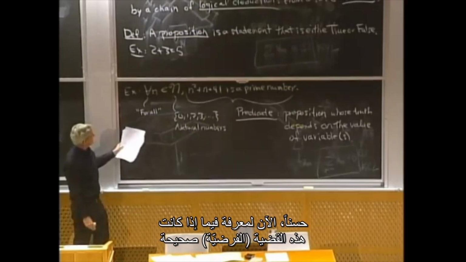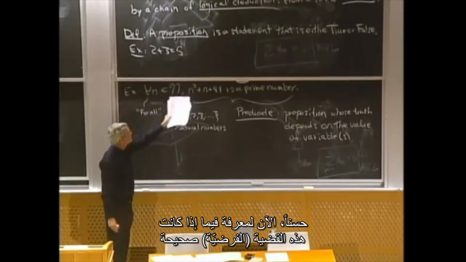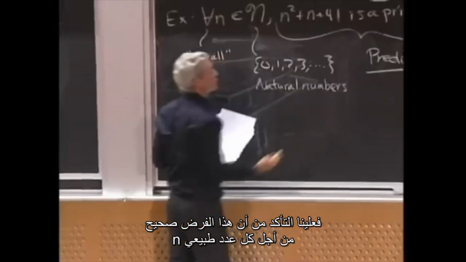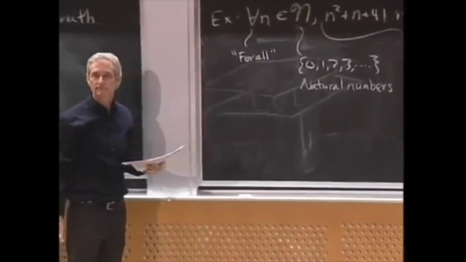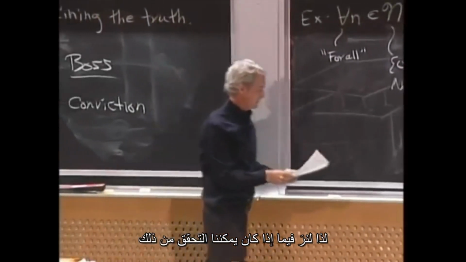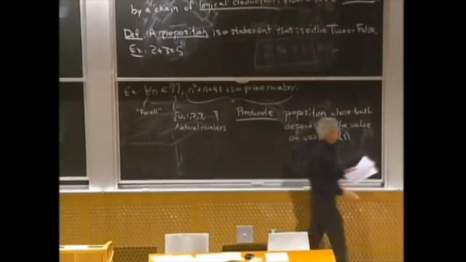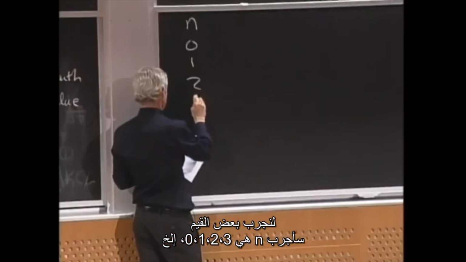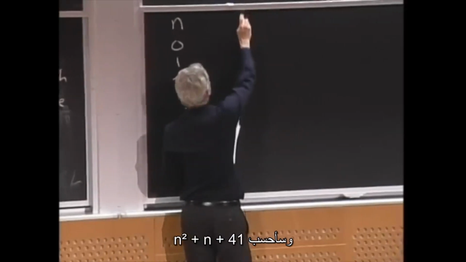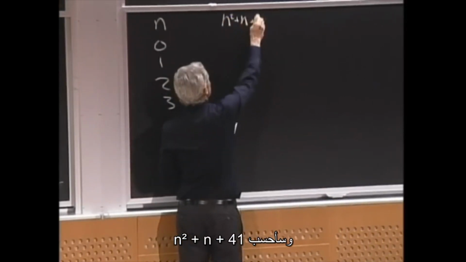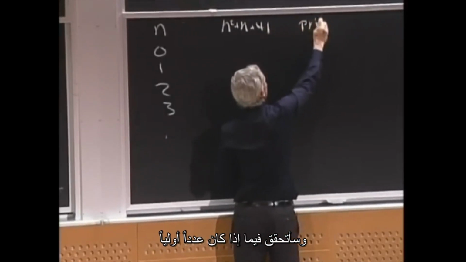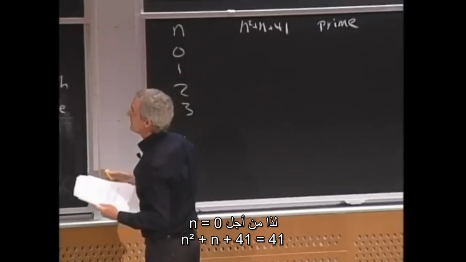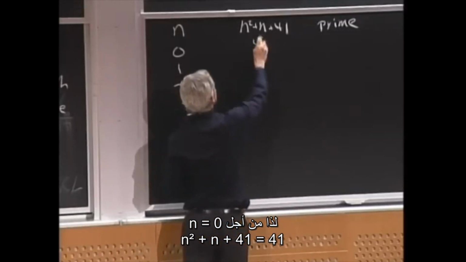All right, now to see if this proposition is true, we need to make sure that this predicate is true for every natural number n. So let's see if we can check that. Let's try some values. So we'll try n is 1, 2, 3, and so forth. And we'll compute n squared plus n plus 41. And then we'll check, is it prime? So for n equals 0, n squared plus n plus 41 is 41.